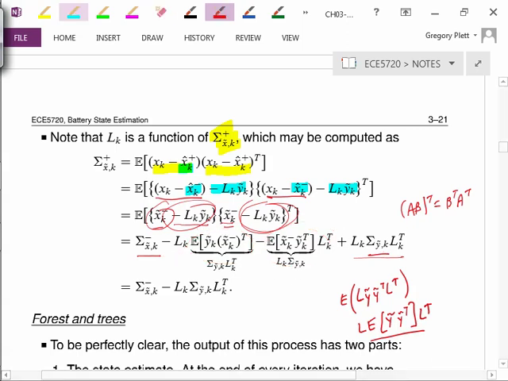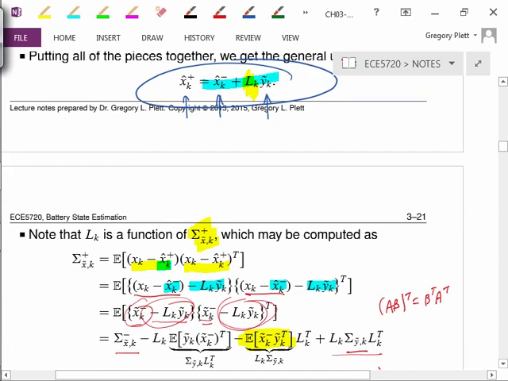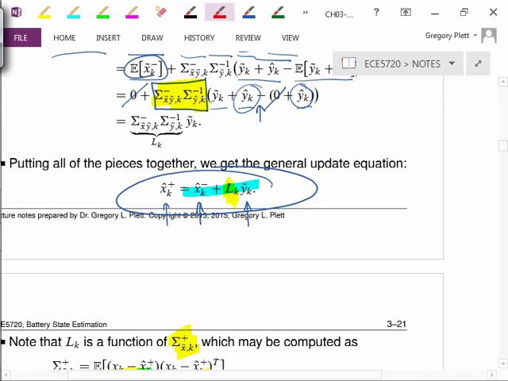Looking at what I'm left with, let's look at this one. The expected value of x tilde y tilde transpose, we'd have to go back to here to realize that. So L_k is equal to sigma x tilde y tilde minus times sigma y inverse, and there's k's there, and I can solve for this.